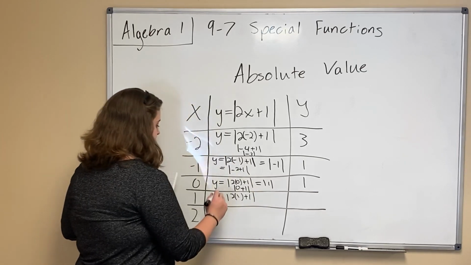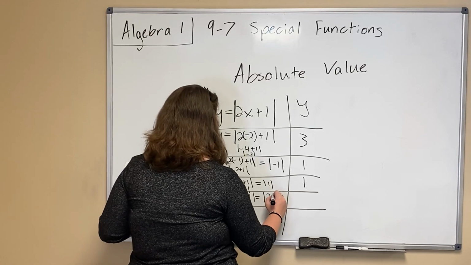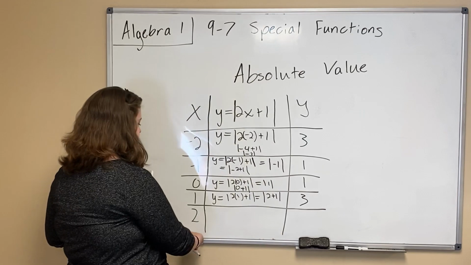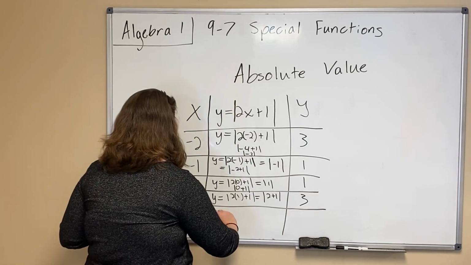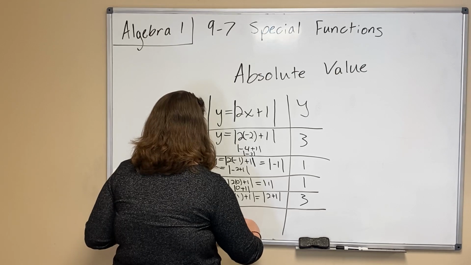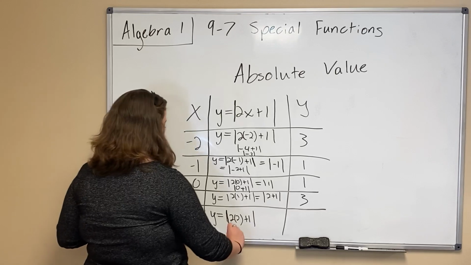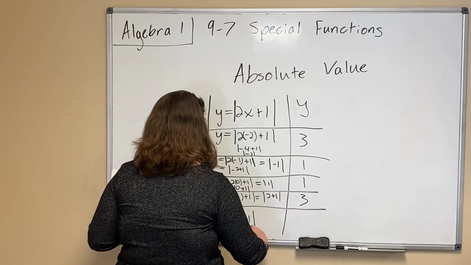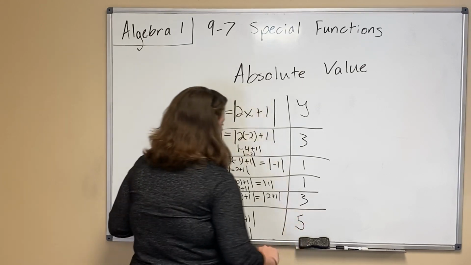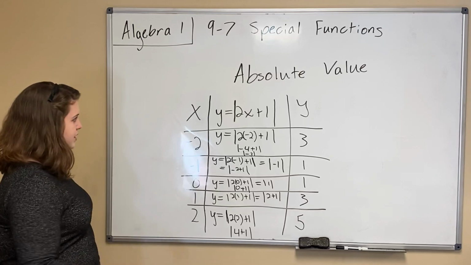We're going to get the absolute value of 2 plus 1, which is going to be 3. Last one, we'll plug our 2 in. Y equals the absolute value of 2 times 2 plus 1. 2 times 2 is 4 plus 1, which is 5. Okay, so let's try plotting these points and see what shape we end up with in our graph.